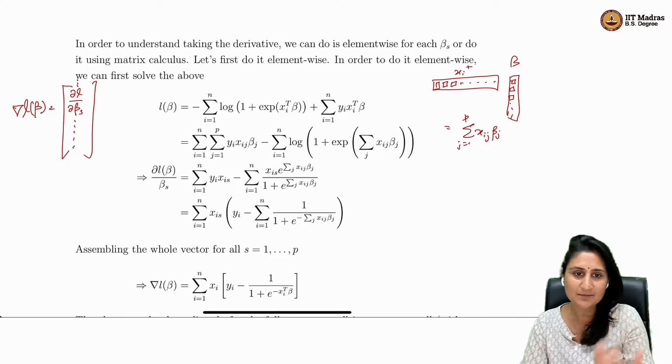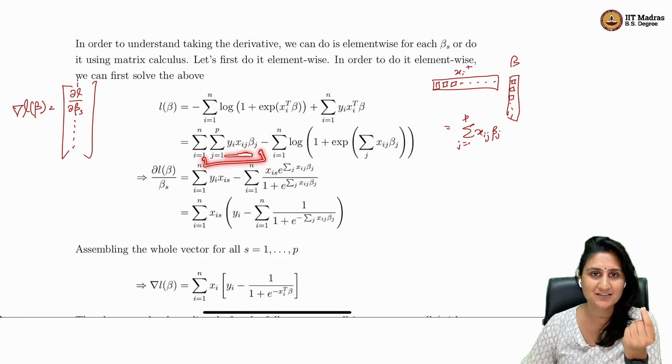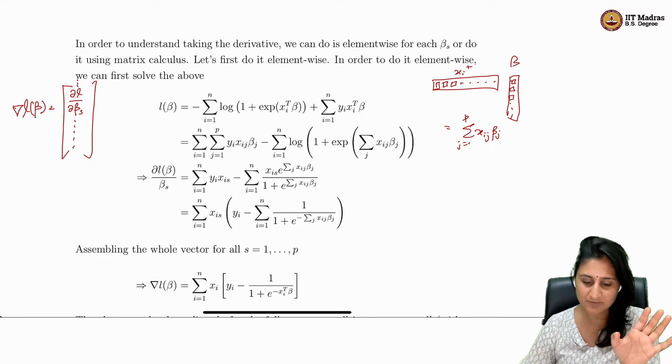So taking any component s, if I take its partial derivative, over here, I notice that j is going from 1 to p, and there is only one component in all of these summations that has s in it. All the other summations are essentially constants as a function of beta s, and so only the beta sth term will remain, and all the other ones are just zero.